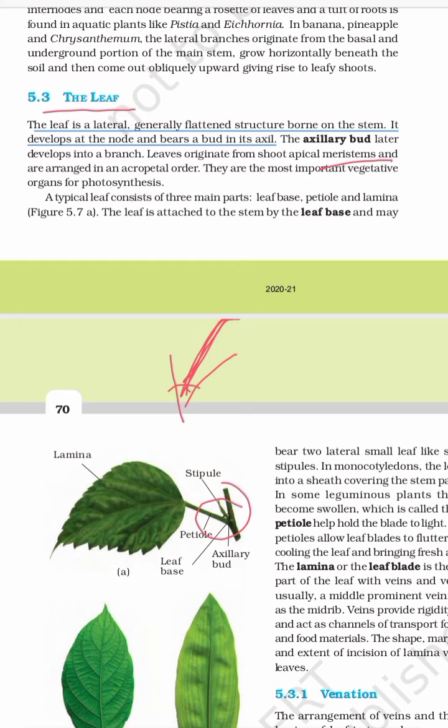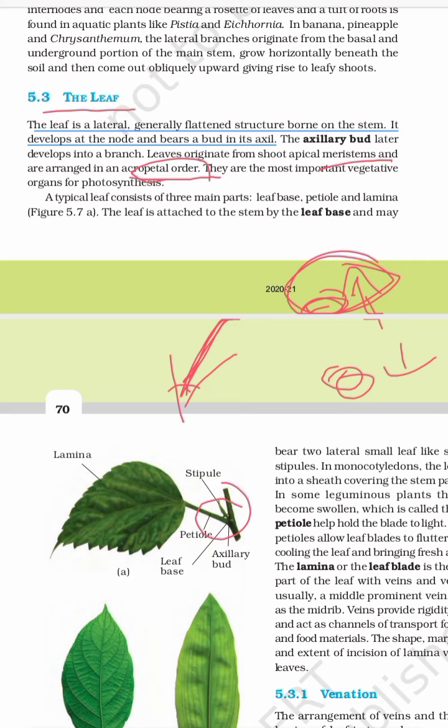Apical means where it is growing on the head part, which can be the top of the head or down of the head, anything. So shoot apical means it grows upward and is arranged in an acropetal order. I am going to show you the figures of this. So it grows in the acropetal order.